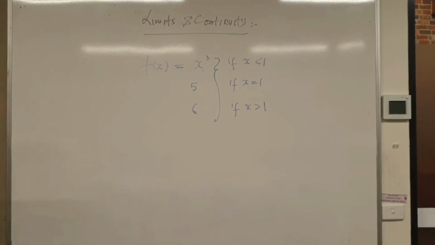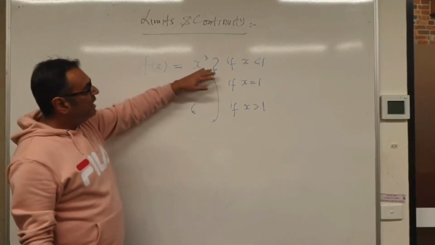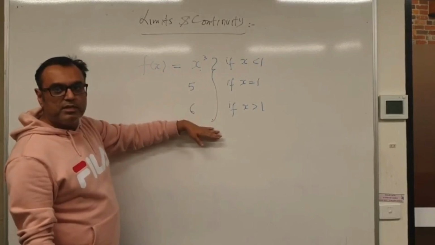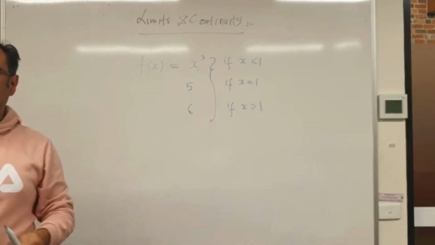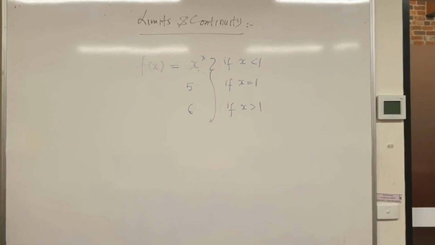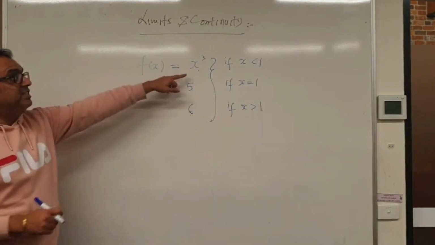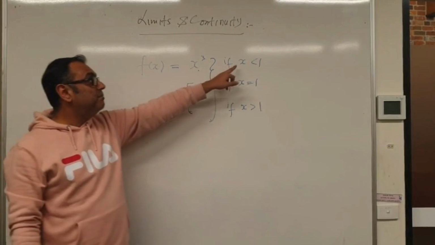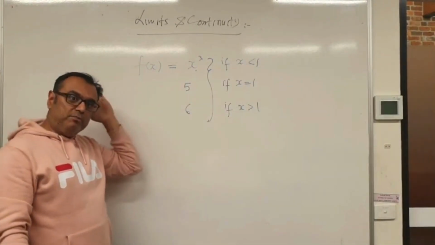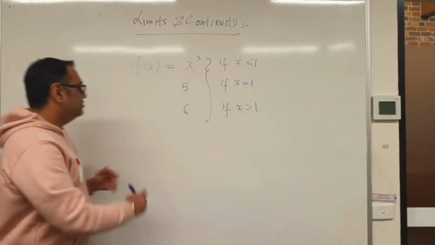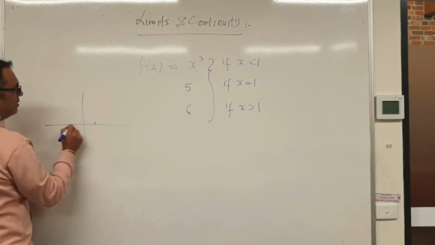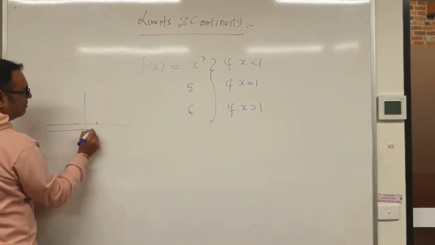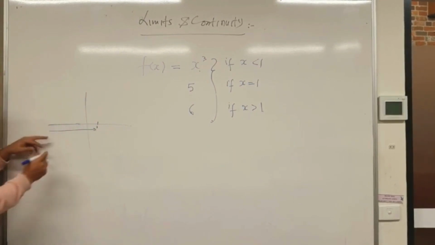Now, Romel, you tell me, out of the three values, which value is the left limit, approaching from the negative side of x? x cubed. That's the left limit because it is approaching 1 from the negative end. So if that's 1, this is approaching from here, x less than 1.